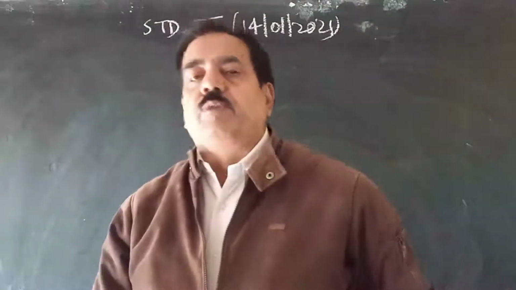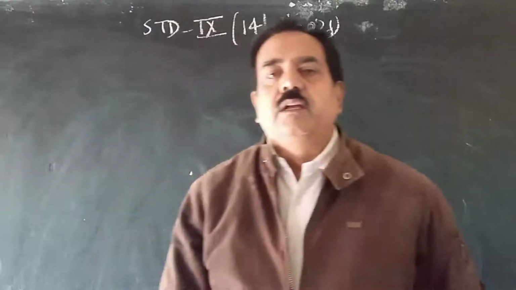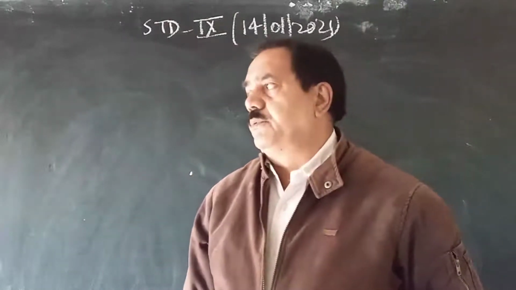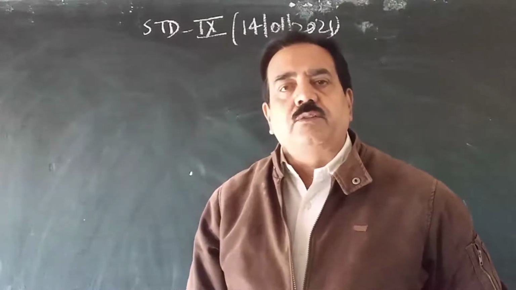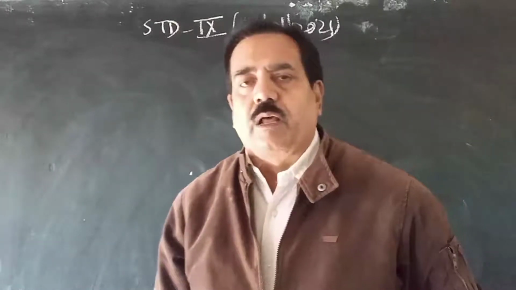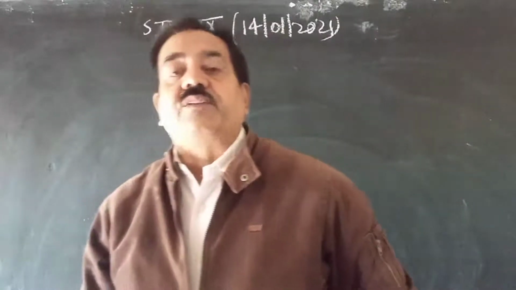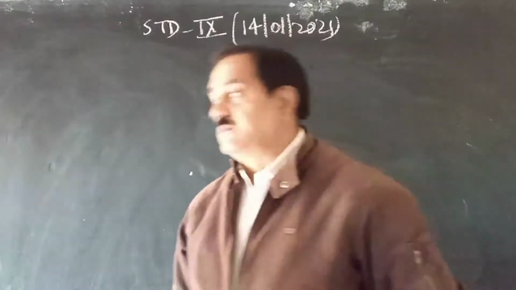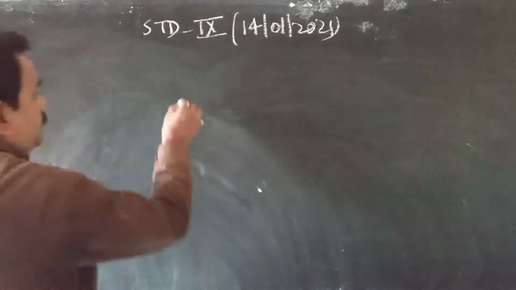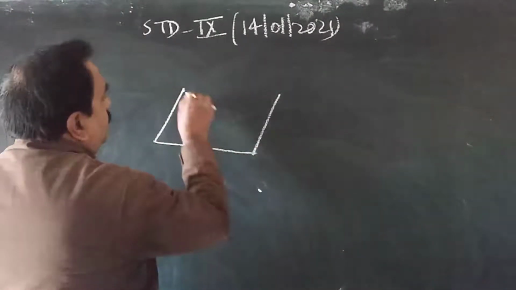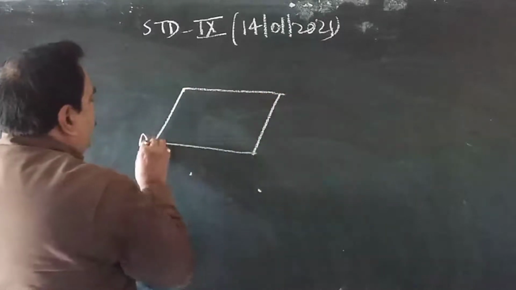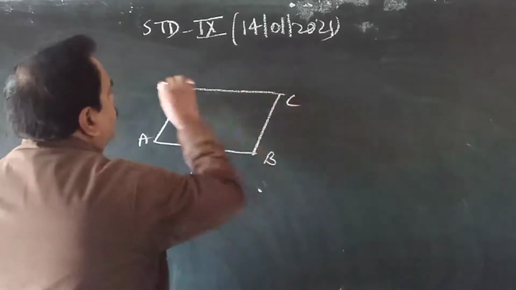Suppose a parallelogram is given. The bisectors of any two adjacent angles of a parallelogram meet at 90 degrees, that you have to prove. So let us suppose ABCD is a parallelogram.